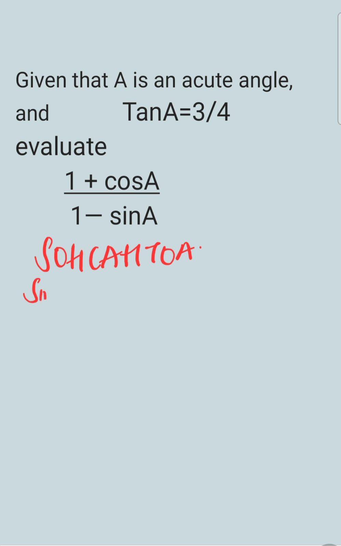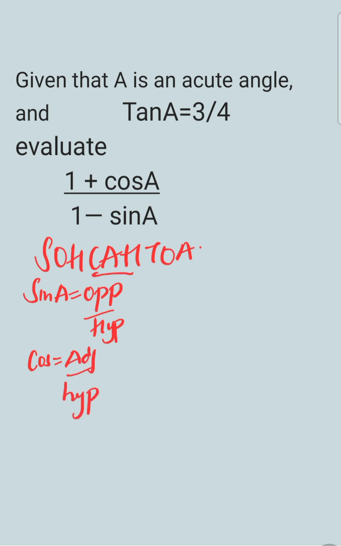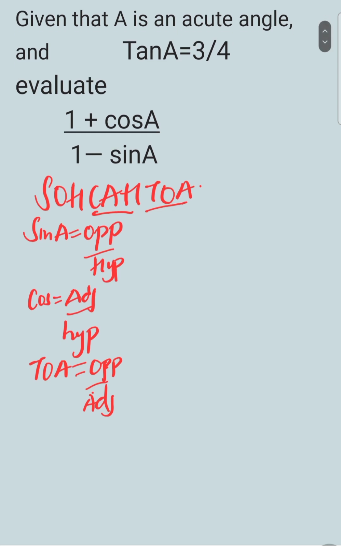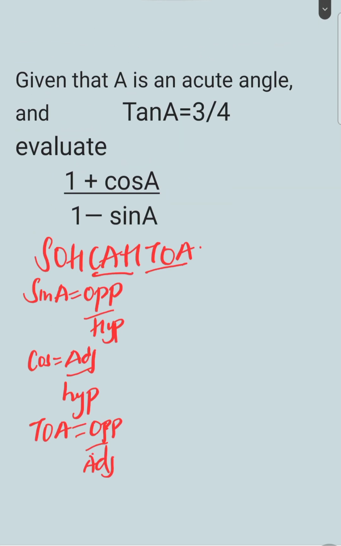We know sine A equals opposite over hypotenuse, while cos equals adjacent over hypotenuse, while TOA, tan, equals opposite over adjacent.